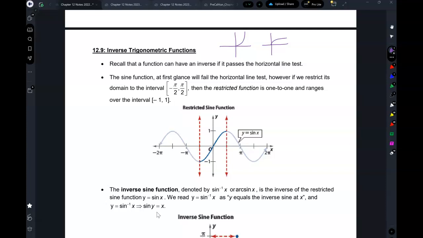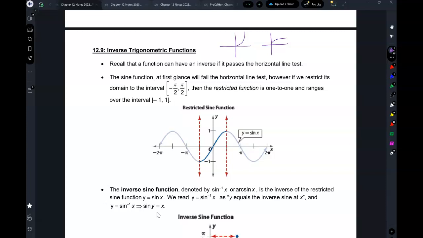So that does not look like it passes the horizontal line test, which means, do we just abandon finding an inverse for it? No, we have to restrict the domain so that we only take a portion of it that does pass the horizontal line test.